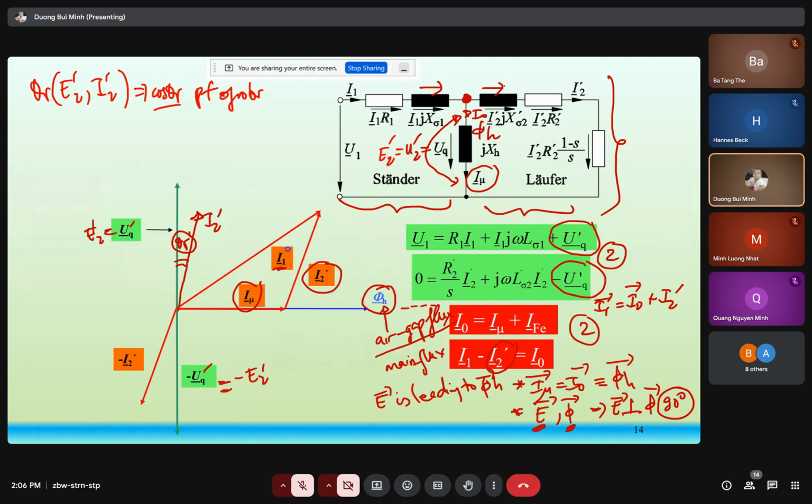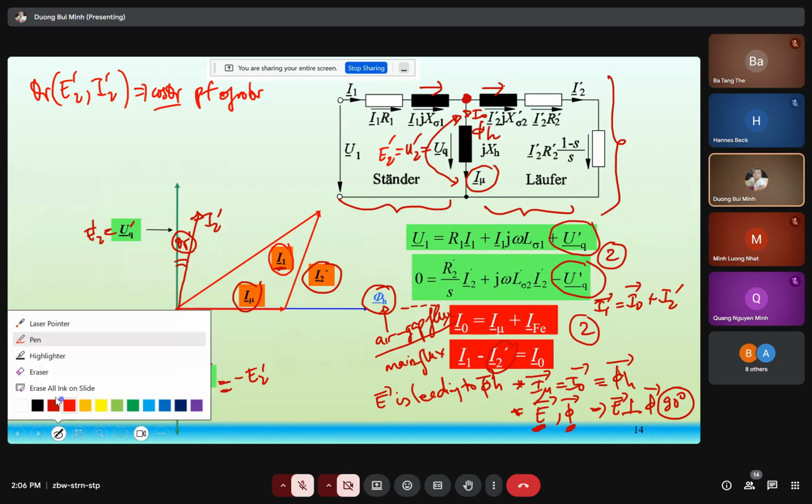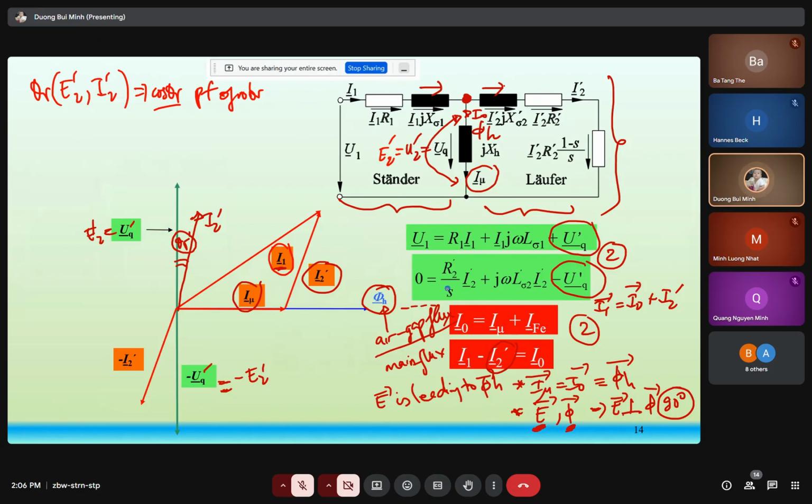Now I1. This is I1, so continue. Here is minus E2 prime and I2 prime. This is I1 times R1, and now this one is I1 times jX1.